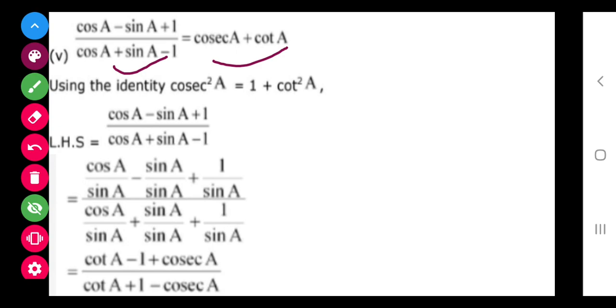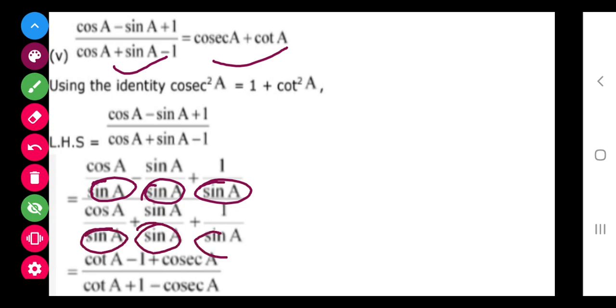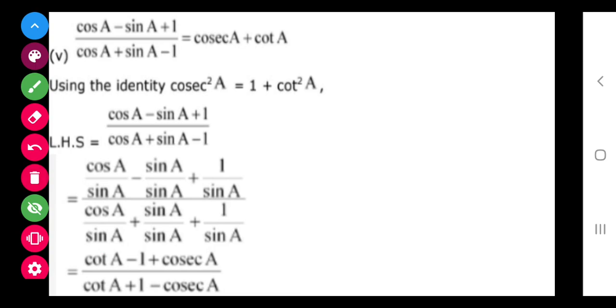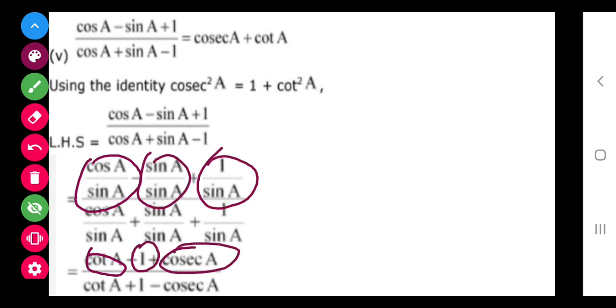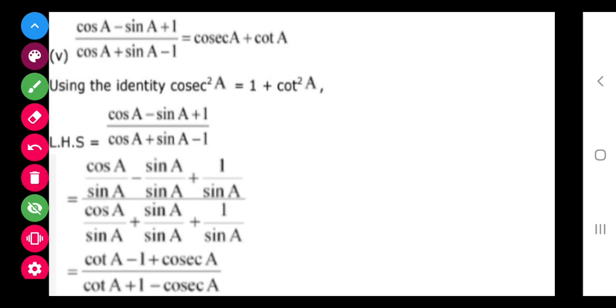One thing we can do is make cos and sine into cosec and cot by dividing the whole equation by sine. See, if we are dividing the numerator, then we have to divide the denominator also. So what have we got? We have got cos upon sine as cot, sine upon sine as 1, 1 upon sine as cosec, same in the denominator.